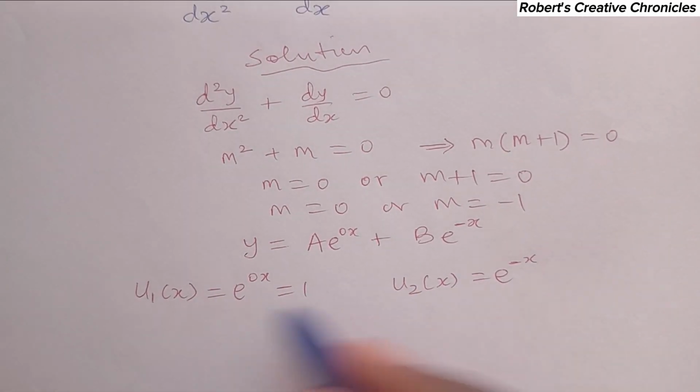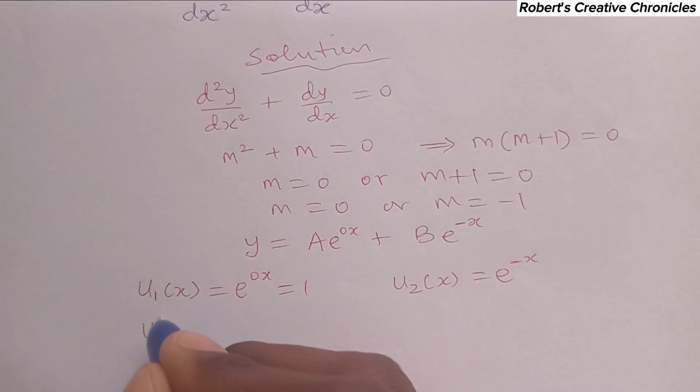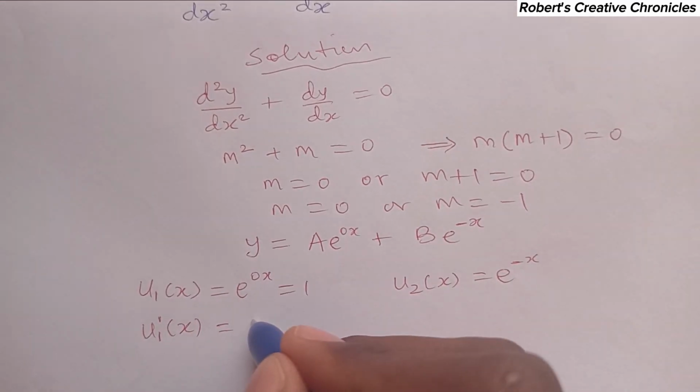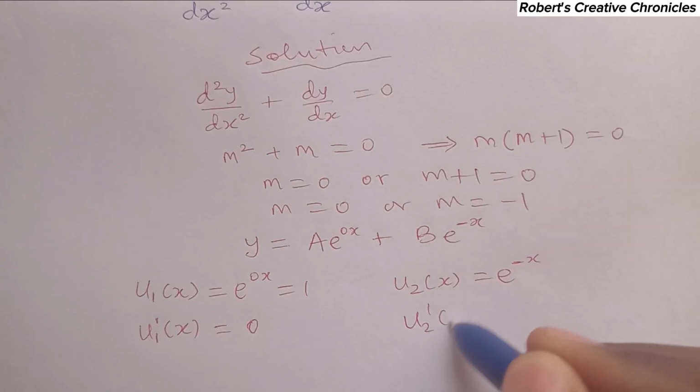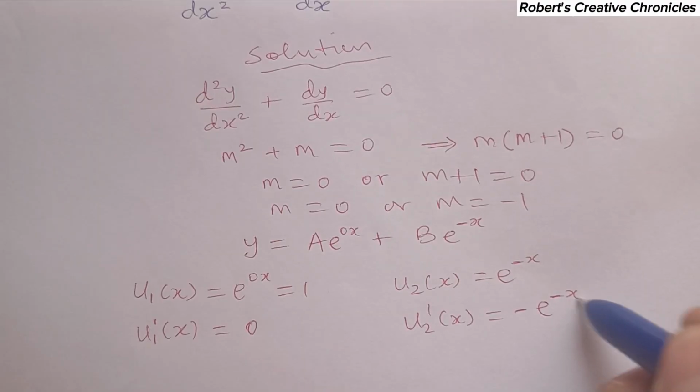And we will find their derivatives. So this becomes u1 prime (x). The derivative of 1 is 0. And this u2 prime (x), the derivative of this is negative e to the negative x.